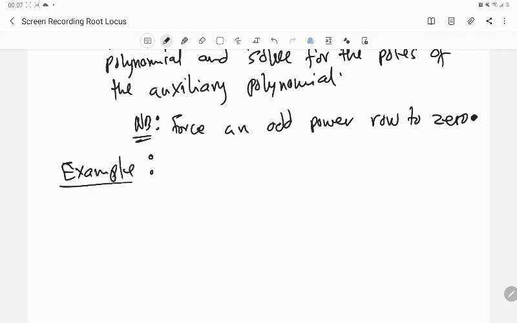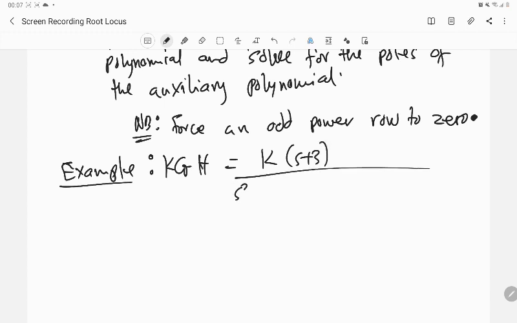Let's say that your KGH, that's your open loop transfer function, is given by s plus 3 all over s to the fourth plus 7s cubed plus 14s squared plus (8 plus K)s plus 3K.